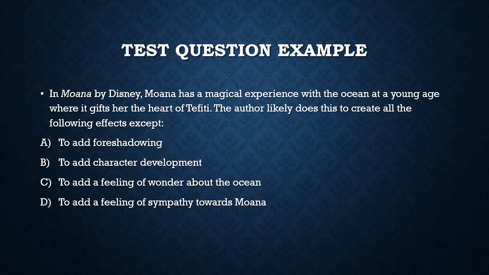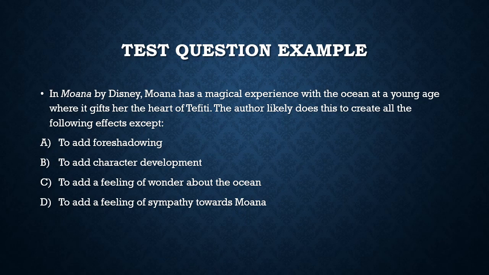So now that we're considering what the text is really about, we can go through those questions. First one is considering what is specifically going on in this part of the text. Here we see that she is a young girl and she is being given the heart of Te Fiti, and it's this magical experience with the ocean. So that's what's actually happening there.